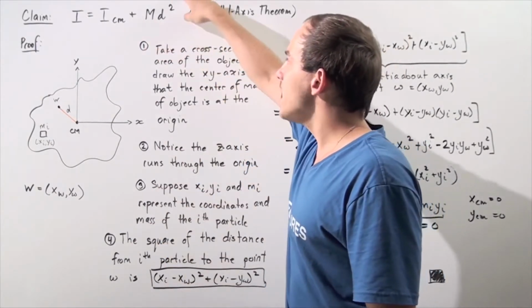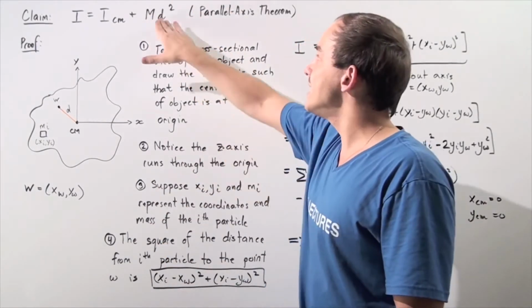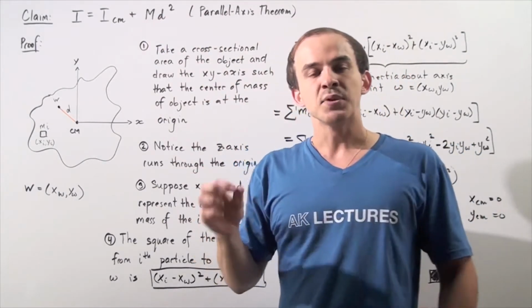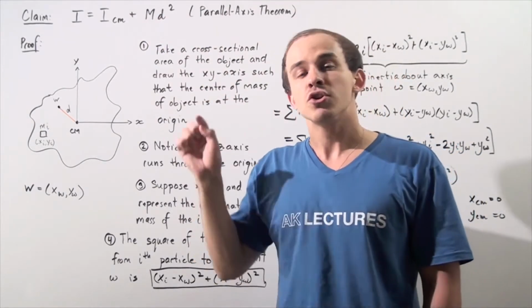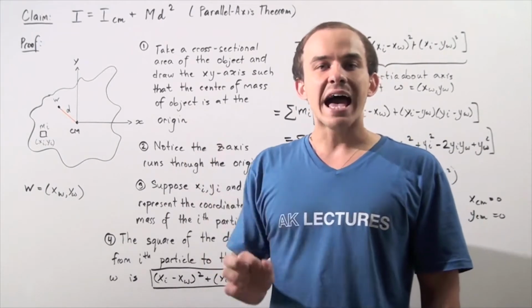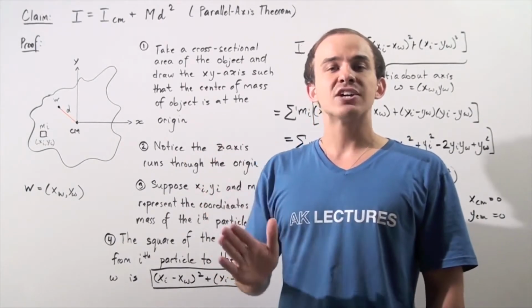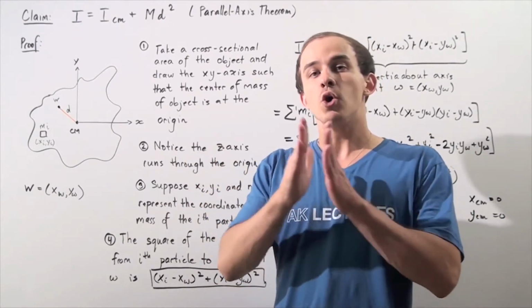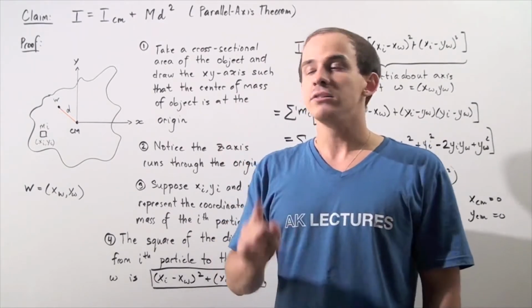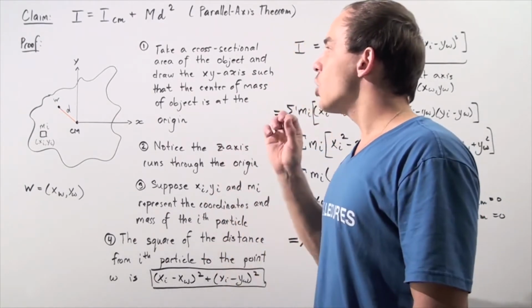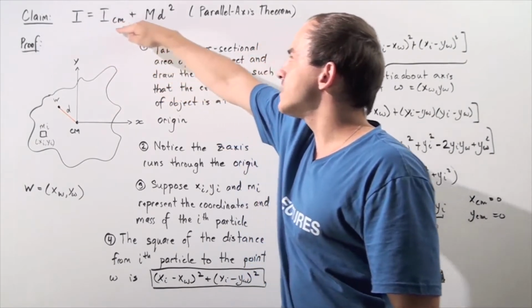And md squared: m is simply the mass, and d is simply the distance between the axis that goes through the center of mass and the axis about which our object actually rotates. Note that those two axes are parallel to one another. So we want to show that this is in fact true.